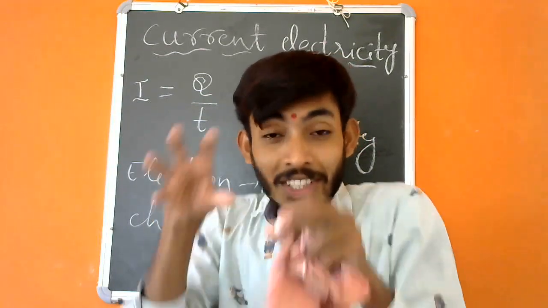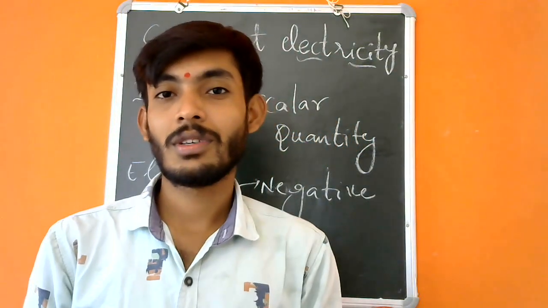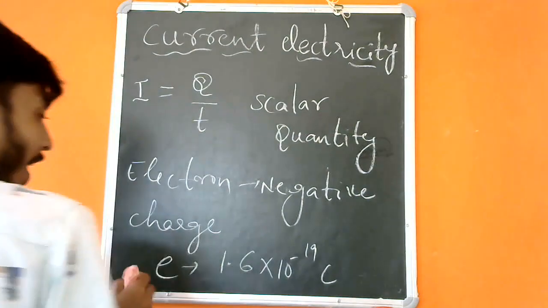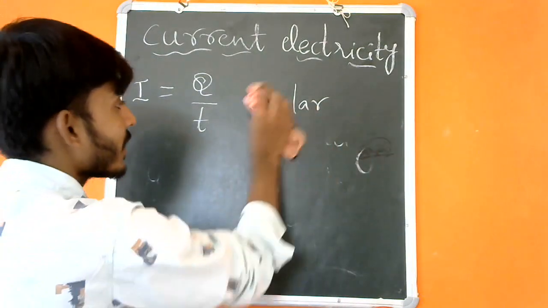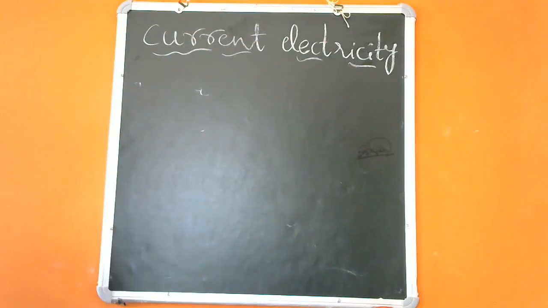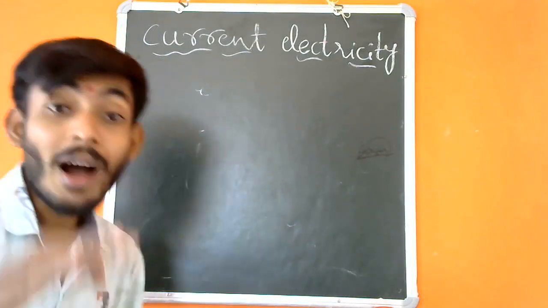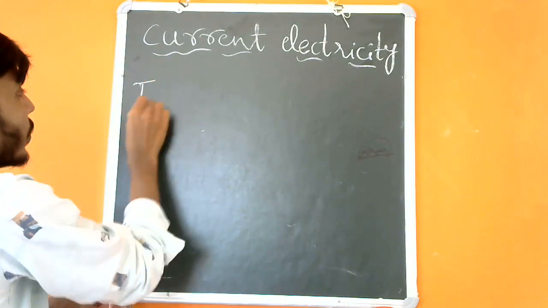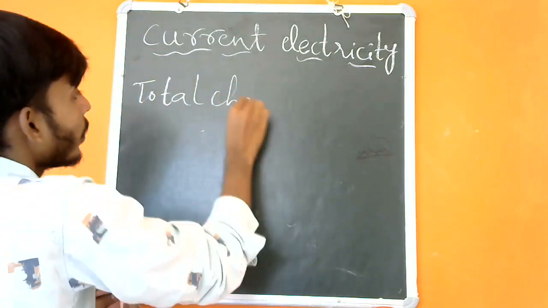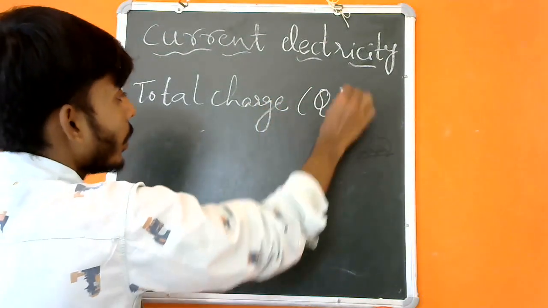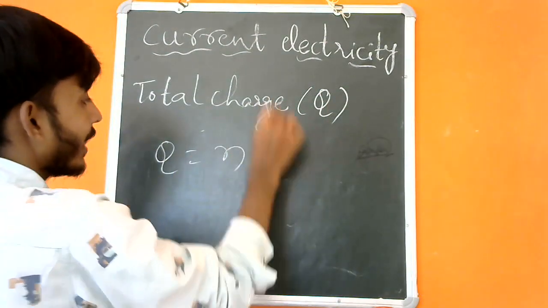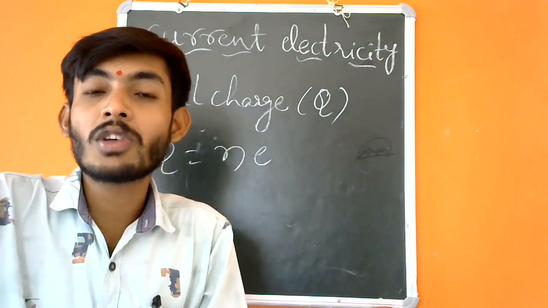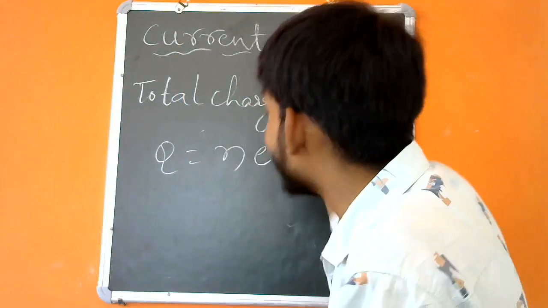Suppose n number of electrons pass through the cross section of the conductor in time t.